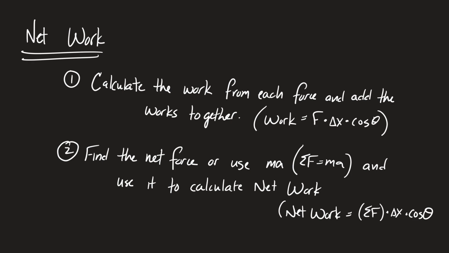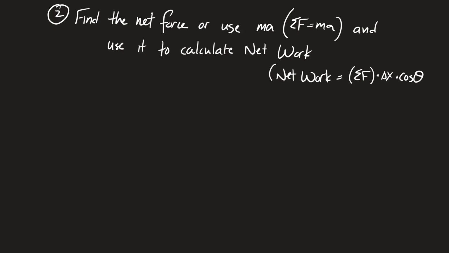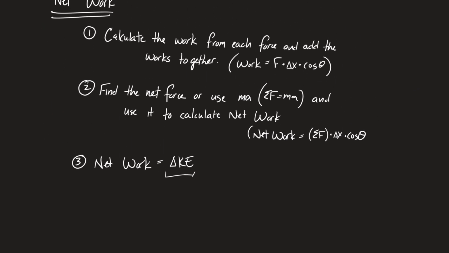We didn't do an example of that. But I did use an example of that for the third thing. The third thing: the net work is the change in kinetic energy. So if you know the change in velocity of an object, you can calculate the net work without calculating any other kind of forces and stuff. Just 1/2 mv squared minus 1/2 mv naught squared. 3 ways to calculate net work.